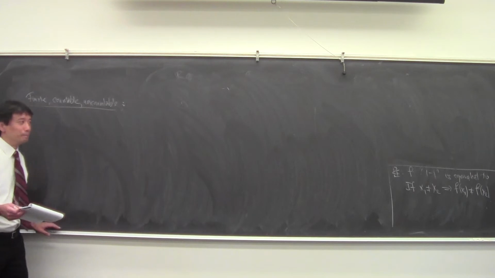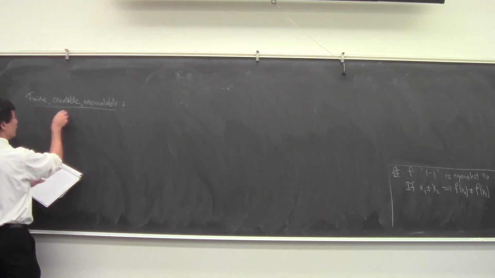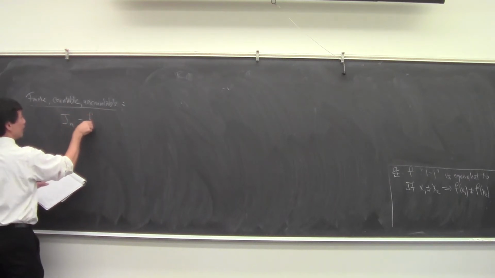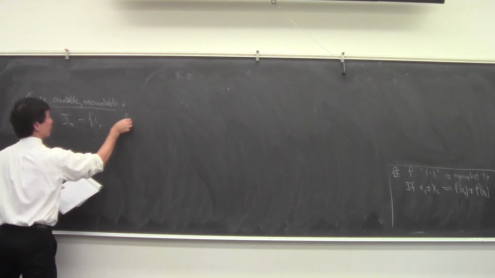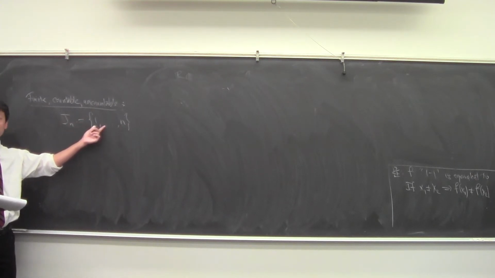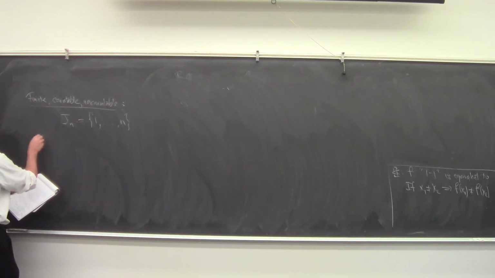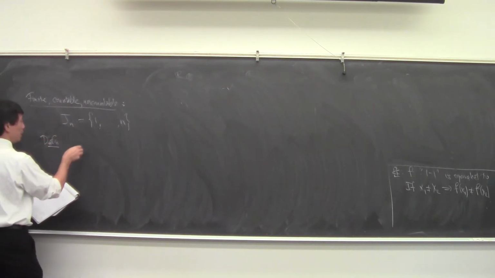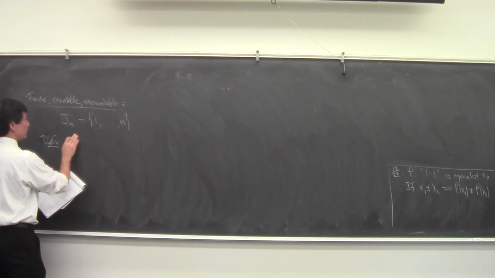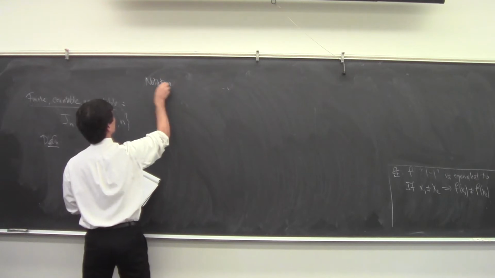Okay. Yeah. So we have some set, the numbers from 1 to n. Let me introduce a notation, the notation that we did before, right?